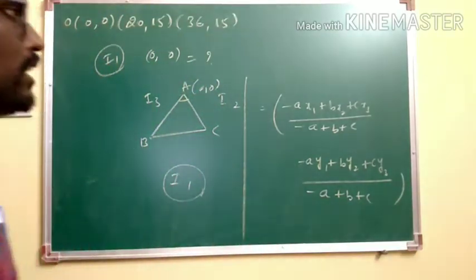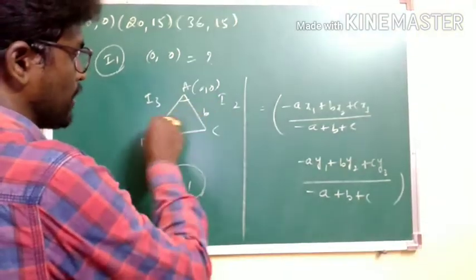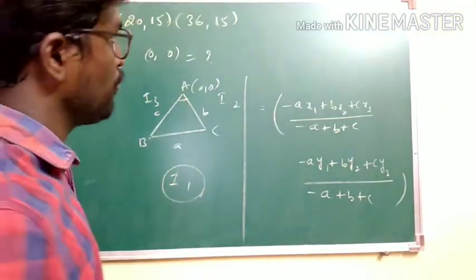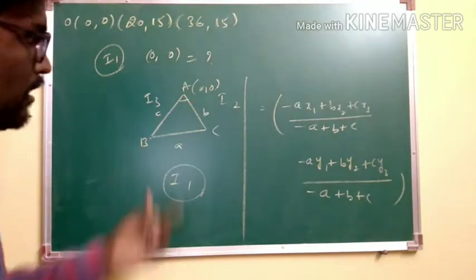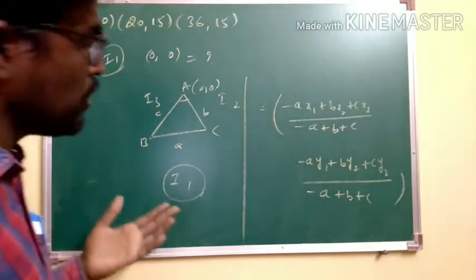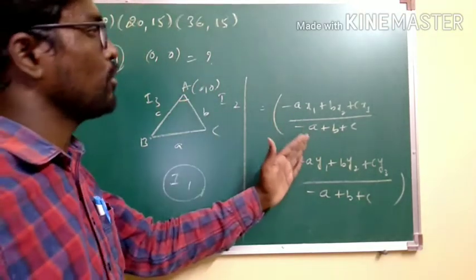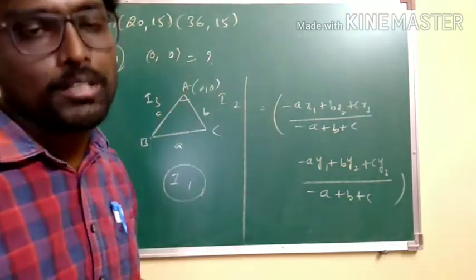Here what are a, b, c? They are the lengths of the sides of the triangle opposite to vertex A, vertex B, and vertex C. So first you calculate the values of a, b, c with the help of the distance formula as we have done in the previous cases, and then substitute in this formula to get the coordinates of the excenter opposite to 0, 0.